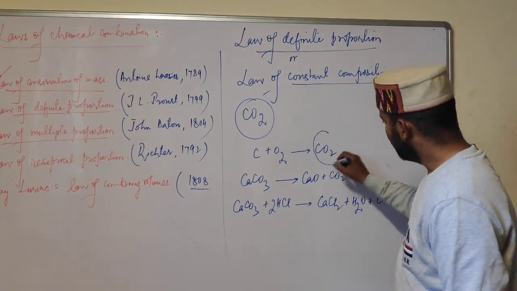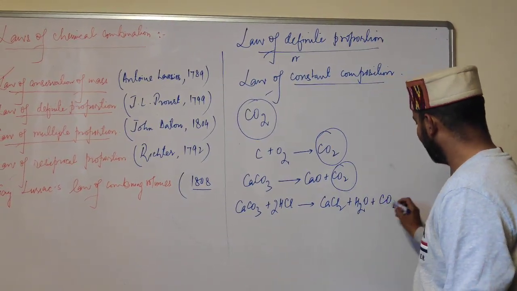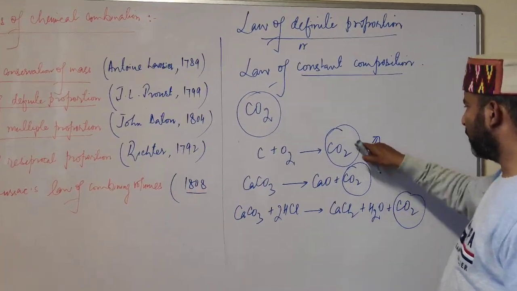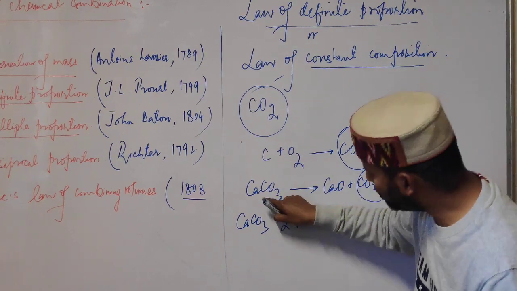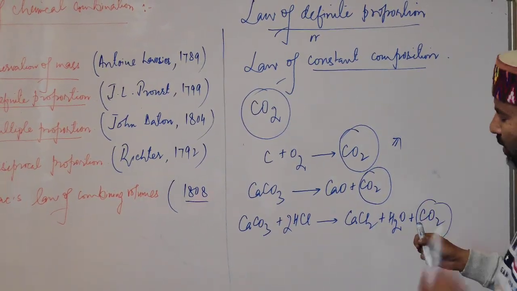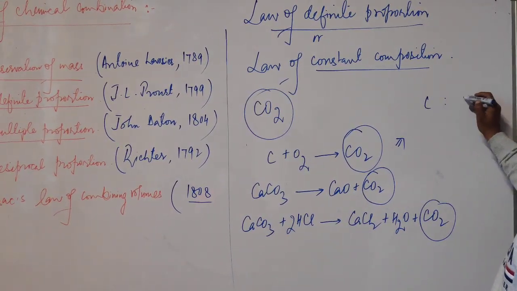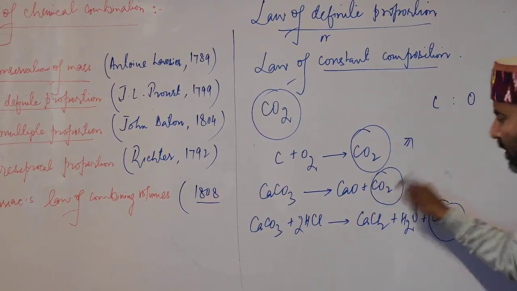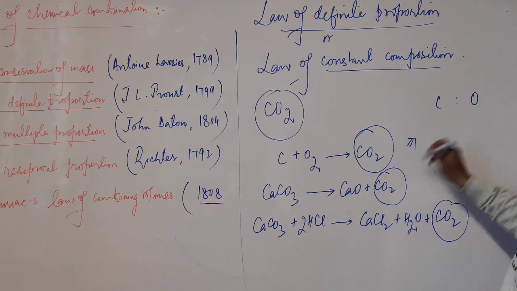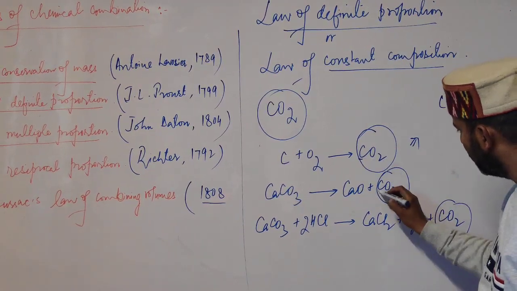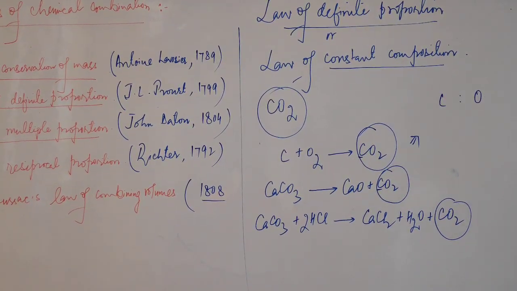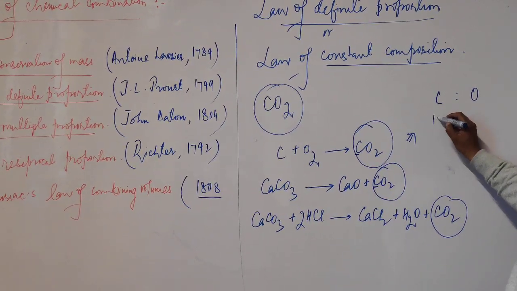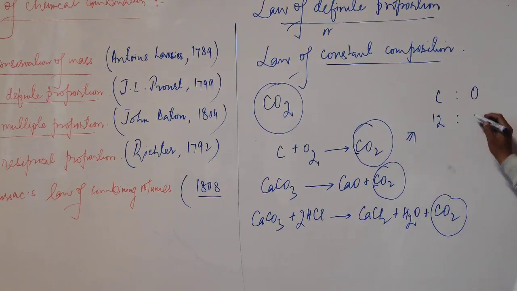But look, the compound is the same, and therefore whether we prepare CO2 by this method, or by this, or by any other method, the elements that combine to give CO2 are the same. They are carbon and oxygen. And in what proportion by weight do they react? Say 12 gram of carbon combines with 32 gram of oxygen.